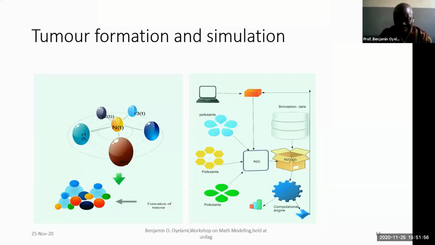So through simulation experiment, we have that. So the normal cell becomes carcinogenic. So we have a computational engine here. That is the algorithm we are going to use to power the simulation from the data, and then begin to come out with outputs to see what is happening.